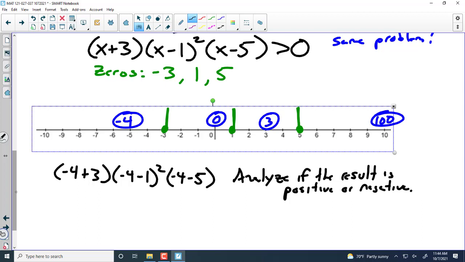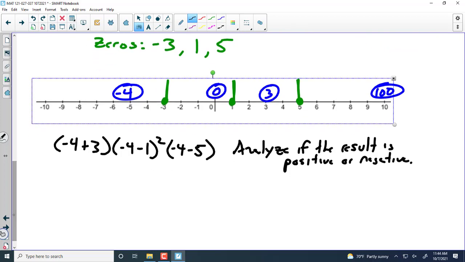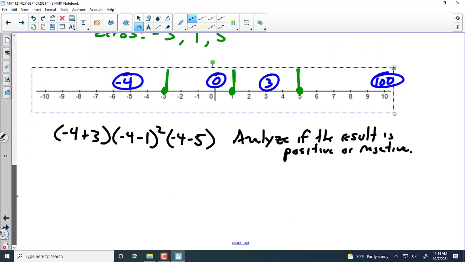Everyone, I'm going to try and do this in a really slick way, and I want you all to join me, so watch this. Is -4 plus 3 positive or negative? That's a negative number. -4 minus 1 is -5, but then you square it. If you square it, what's the result? Positive. -4 minus 5, is that positive or negative? Negative. If you multiply a negative number times a positive number times another negative number, what kind of result do you get?